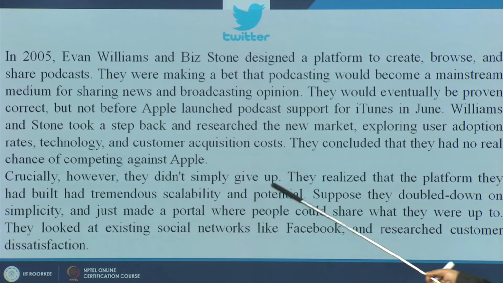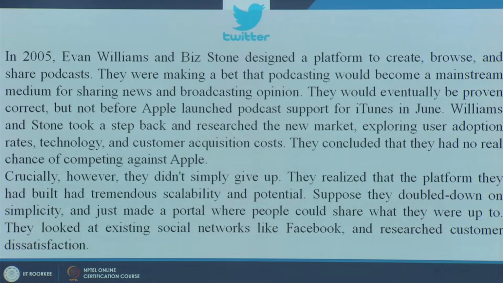So, what they did was a survey to find out, and they realized after the survey that the platform they had built had tremendous scalability and potential, right. Suppose they doubled down on the simplicity and just made a portal where people could share what they were up to, then it would be wonderful, right.